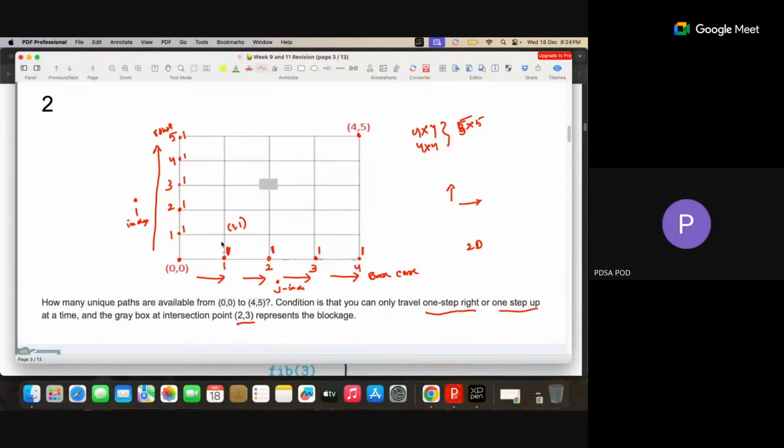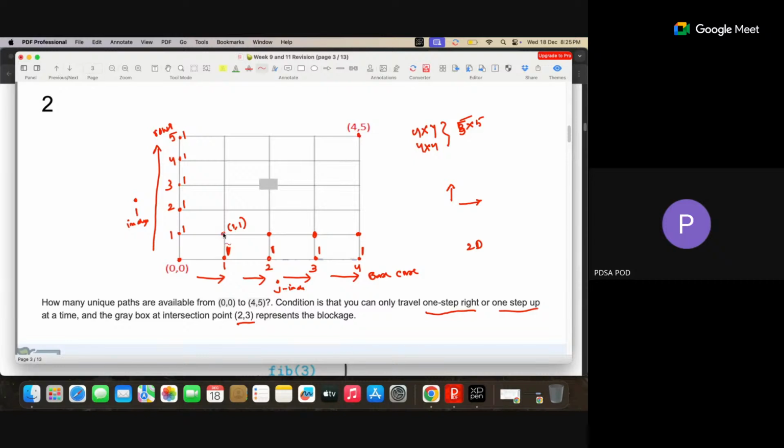To compute this current cell, how many ways to reach this particular position, how many ways to reach this position. There is a standard calculation.